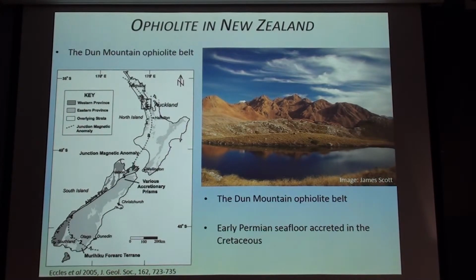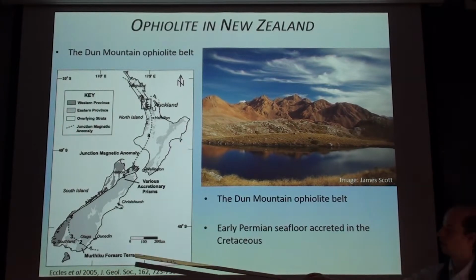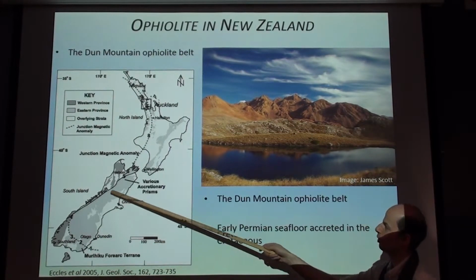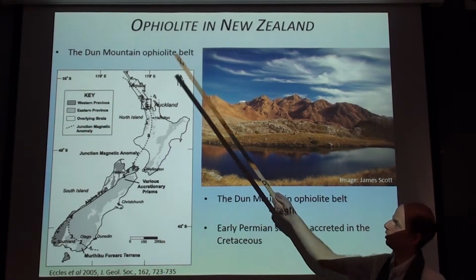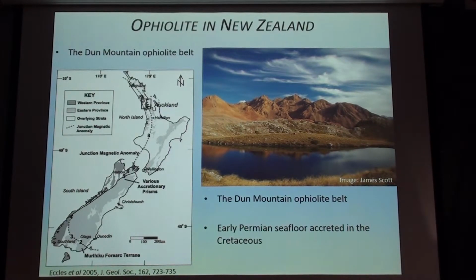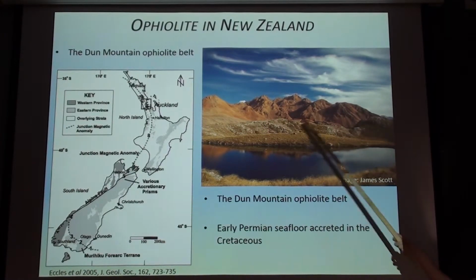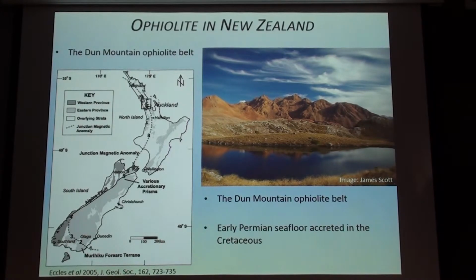But yes, so you should be familiar with the Dun Mountain ophiolite belt, which goes from basically Otago and Southland all the way under our feet and to Northland. And that was an early Permian seafloor that was accreted on the continent during the Cretaceous. And Red Mountain is a spectacular outcrop of that, what it looks like in the Southern Alps.